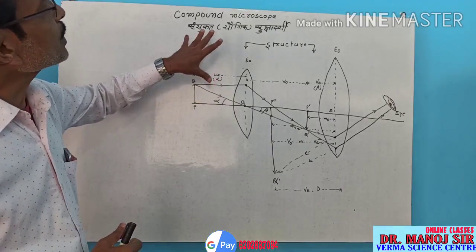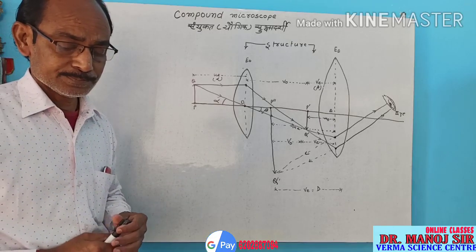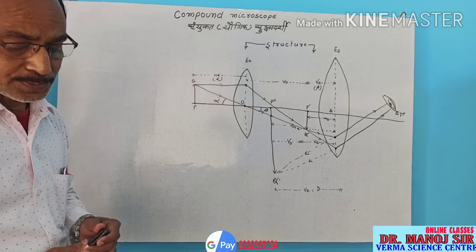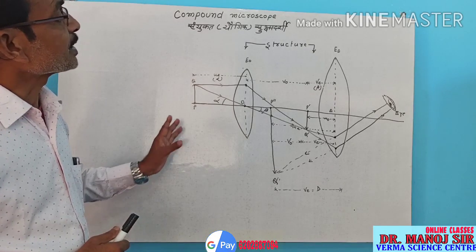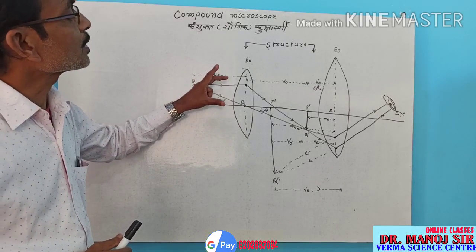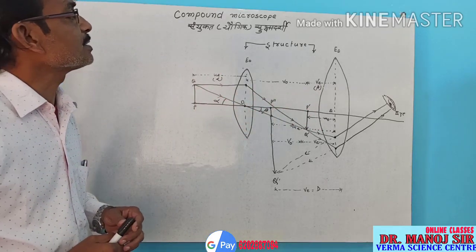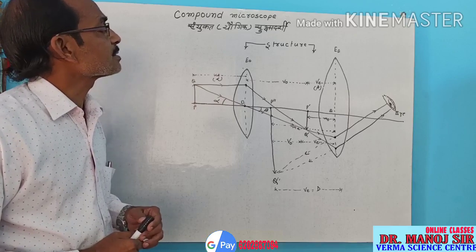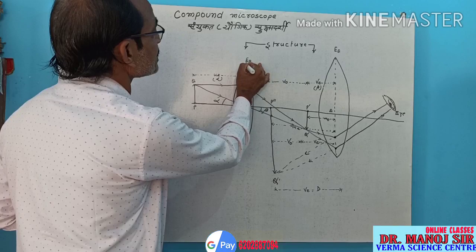The function of the compound microscope is to, there have two convex lens. One is eyepiece and another is objective piece.